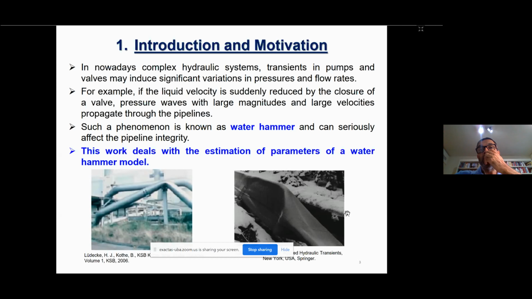Because of those fast transients, there might be pressure waves of large magnitudes that can even cause plastic deformation in the pipelines, as shown in these two figures.